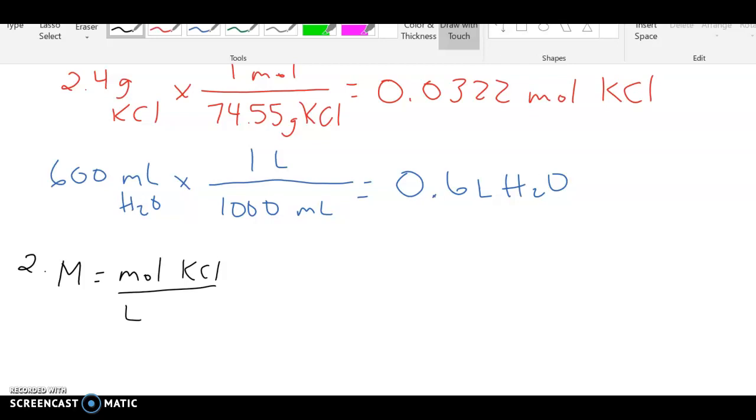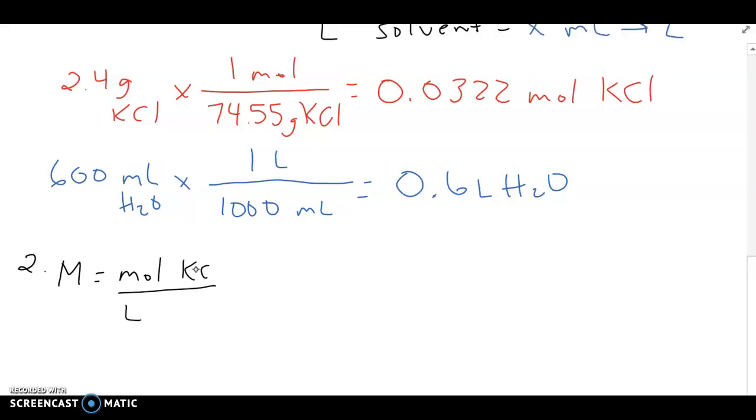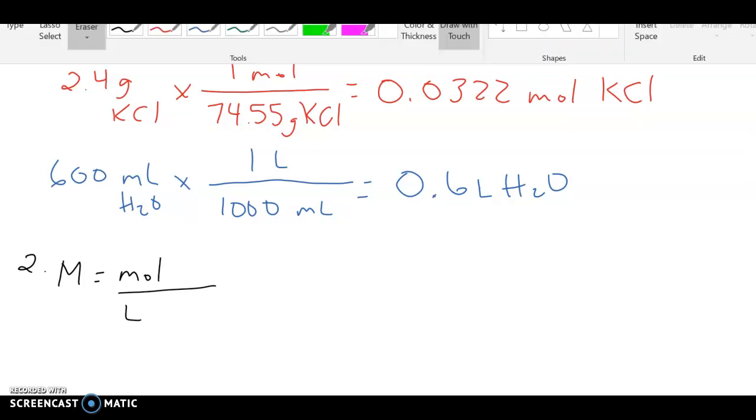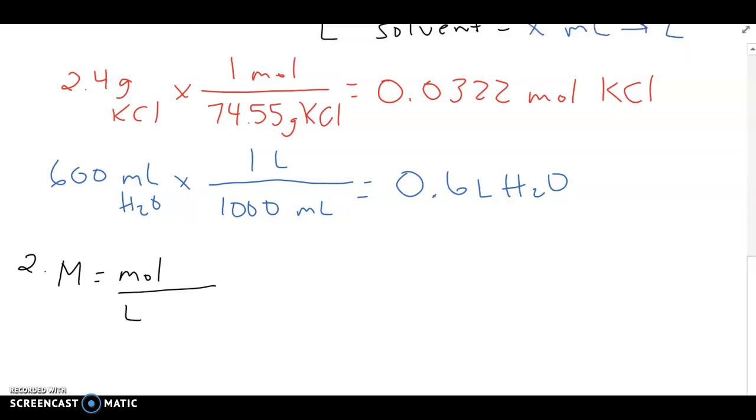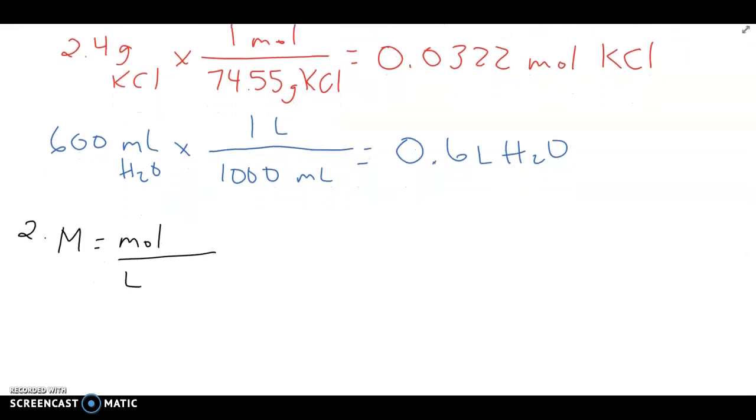Actually, I should put this as a general one. This shouldn't be KCl. This should be solute, and this is solvent.